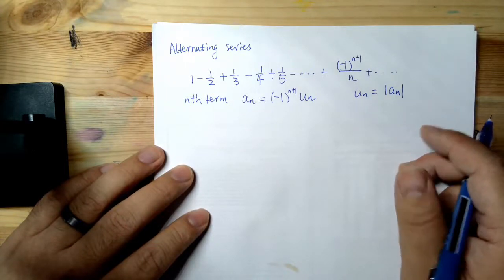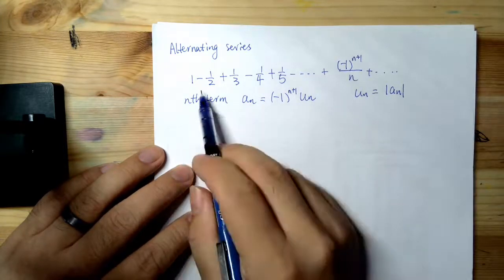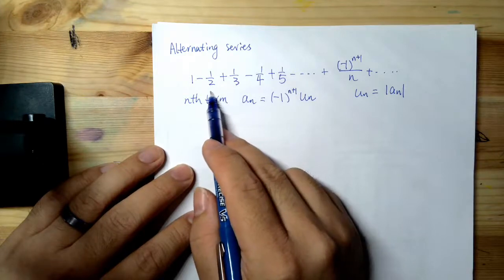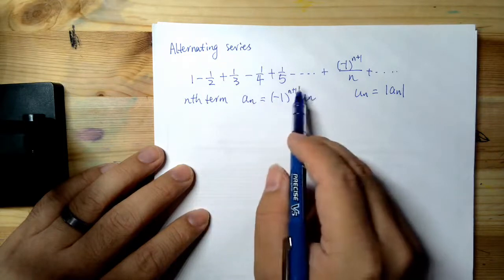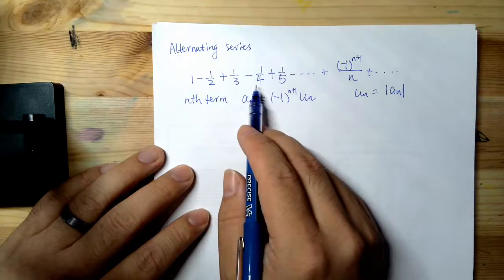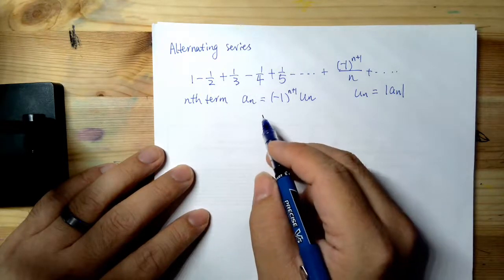Also, as you can see, this series 1 minus 1/2 plus 1/3, if we put an absolute value on each term, then becomes 1 plus 1/2 plus 1/3 plus 1/4, etc. So we know that series is a harmonic series.